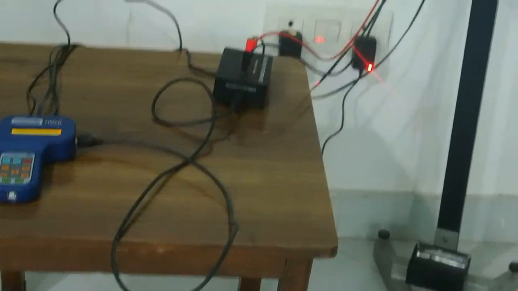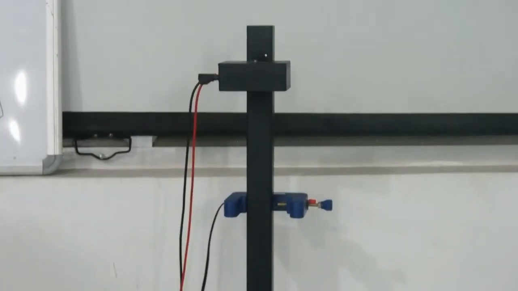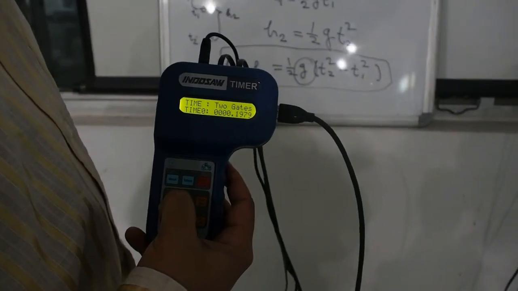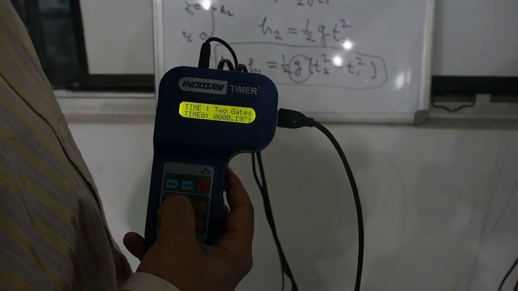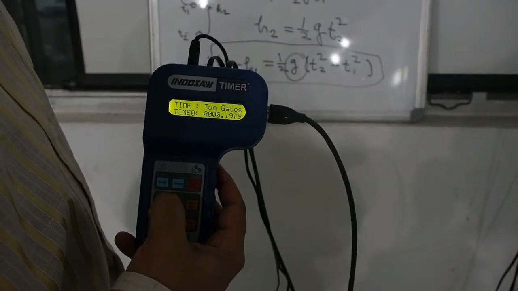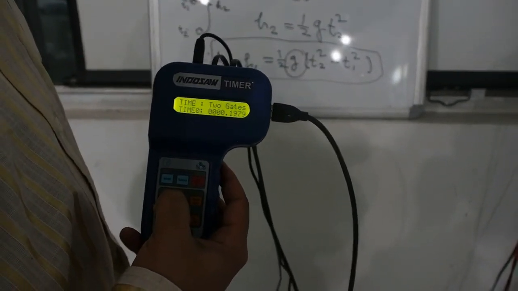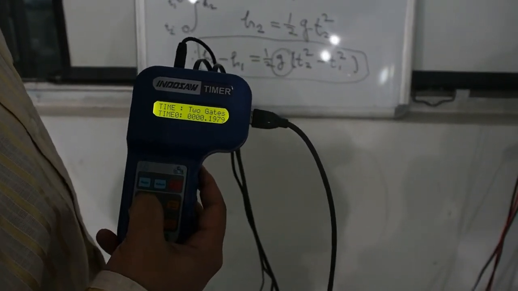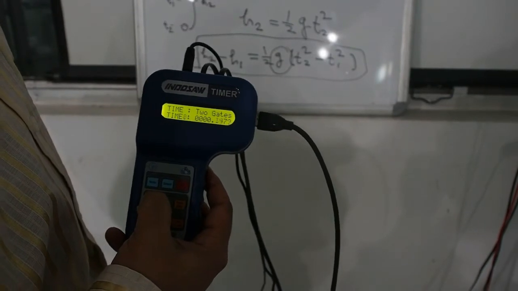The ball will be detached and pass through both of these gates. You can see that time 0 has already appeared on the screen of the Indosa timer, and time 0 is showing 0.1979 second. Now I will press the review button.